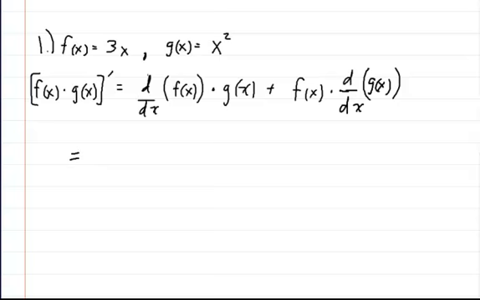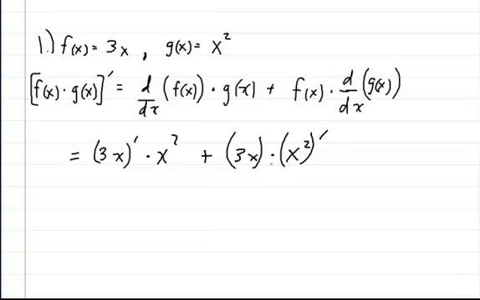So the first one is f of x, which is just 3x, and put that right there. We're going to take the derivative of that, but not just yet. Let's enter in the next one because we're going to multiply now by g of x, which is x squared, plus f of x, which is 3x, times the derivative of x squared. And so we take the derivative of 3x, we're going to be left with 3 times x squared.